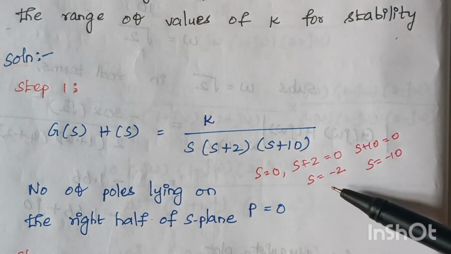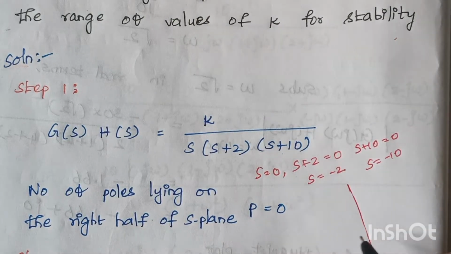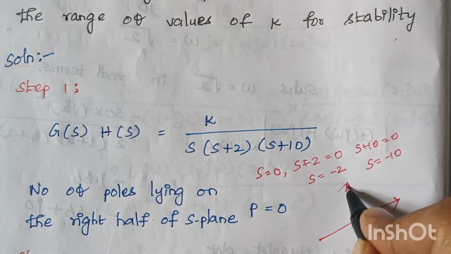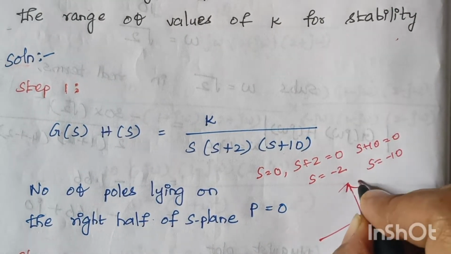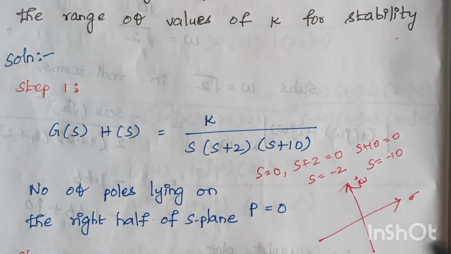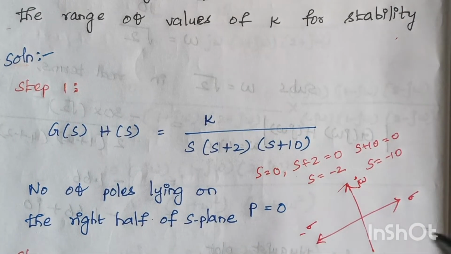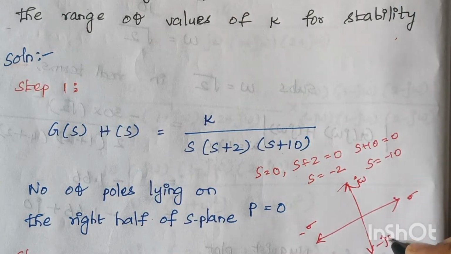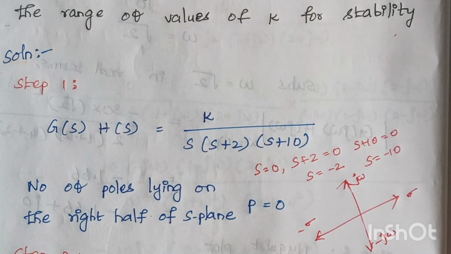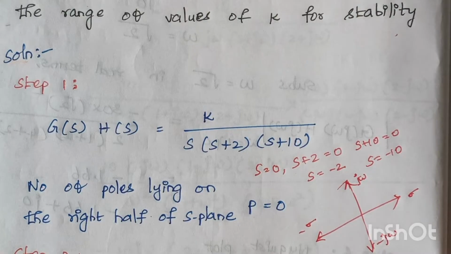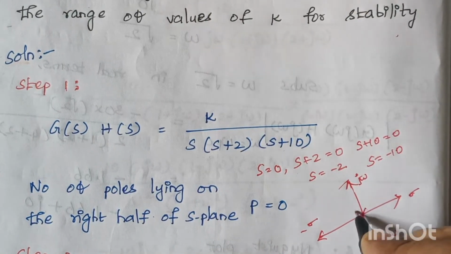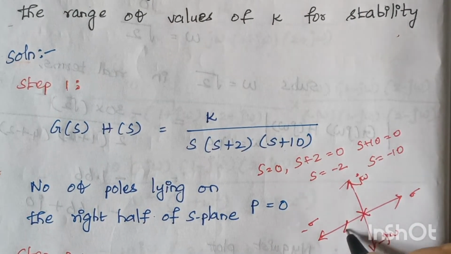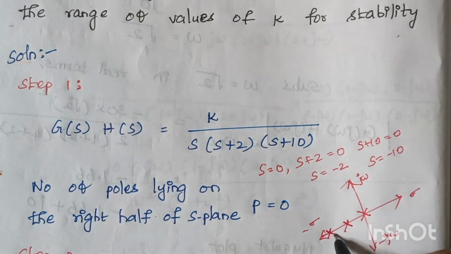When you locate these poles on the S-plane, this is our real axis and this is our imaginary axis, with the negative real axis and negative imaginary axis. So s equal to 0 lies here, s equal to minus 2 here, and s equal to minus 10 here.